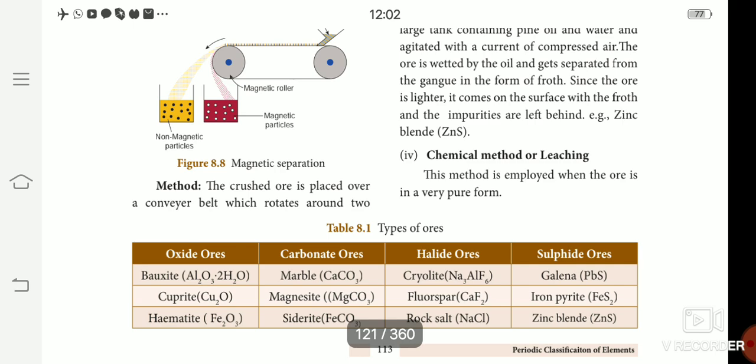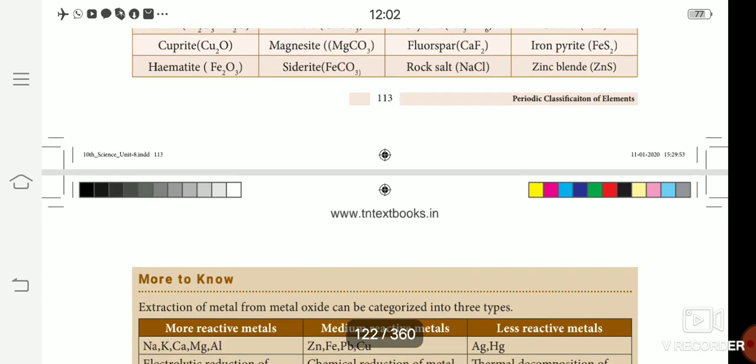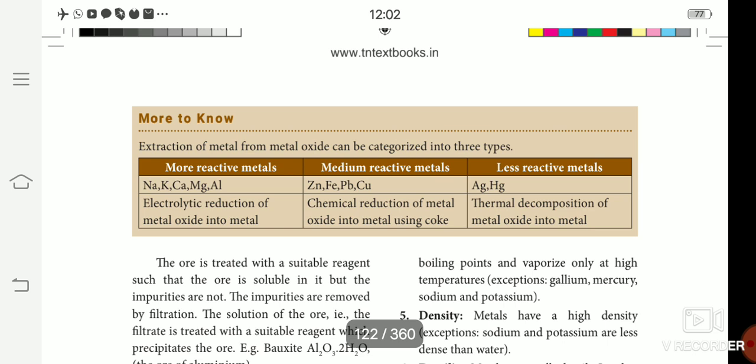Next, there are more reactive metals, medium reactive metals and less reactive metals. The more reactive metals are sodium Na, potassium K, calcium Ca, magnesium Mg and aluminium Al.